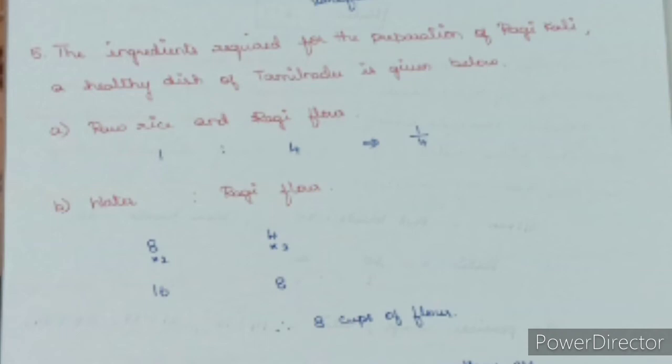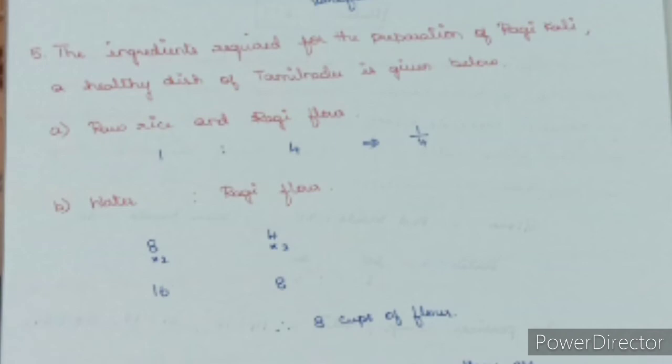So 1 is to 4. So it should be written as 1/4, 1 by 4. 1 part of raw rice and 4 parts of ragi flour. So it is 1/4. Okay. Next is water is to ragi flour. So water, they have given for the preparation of 1 time, but we are going to prepare it for double the time.